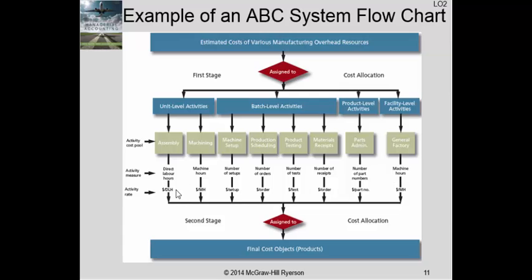Based on that, we calculate this dollars per activity measure rate, and then we do the cost allocation itself. When we have a direct labor hour or a machine hour or a number of setups and so on, that triggers the allocation of indirect costs to the cost object, the jobs, the batches, whatever of production, using all of these different rates.